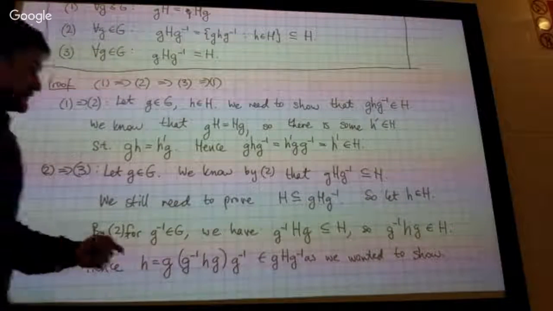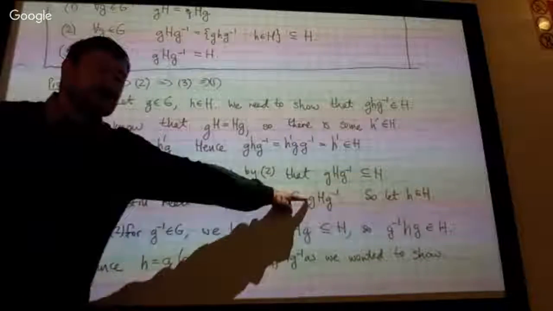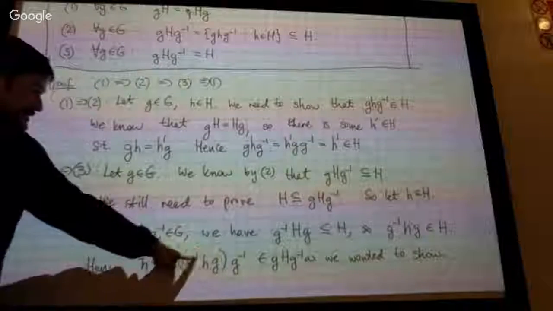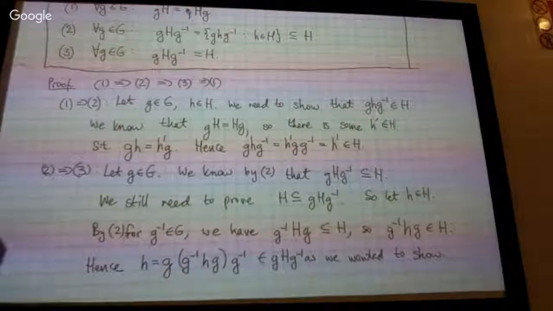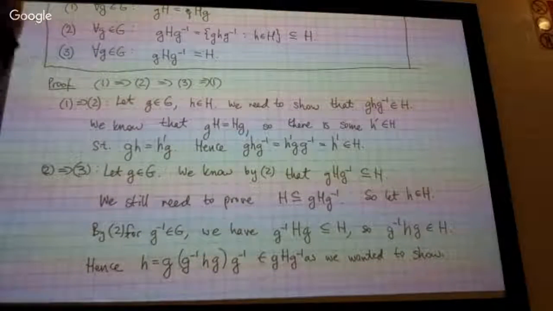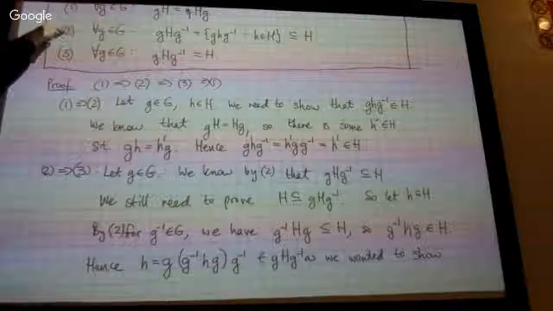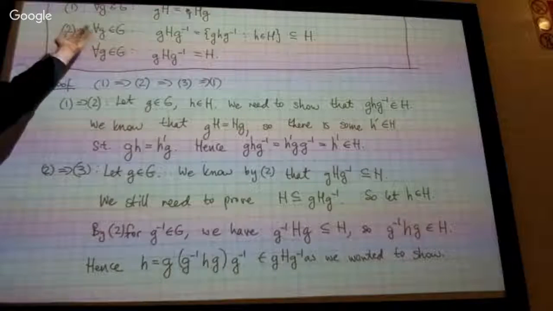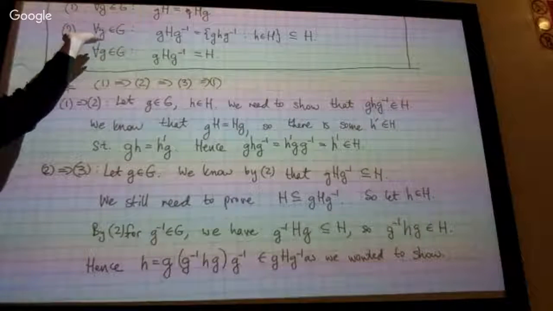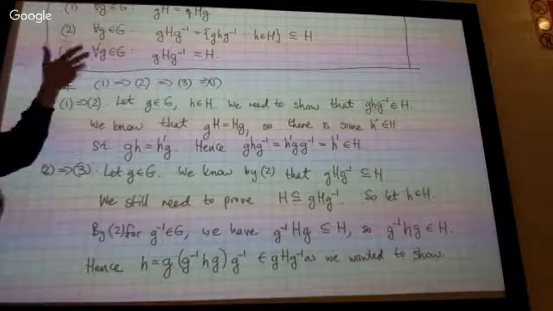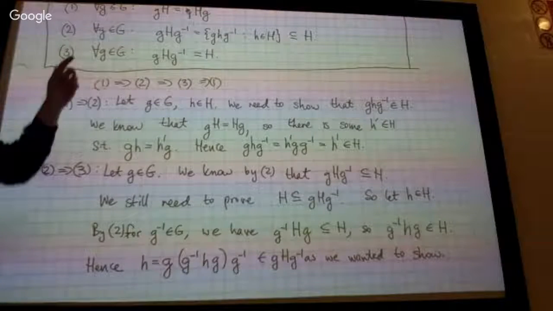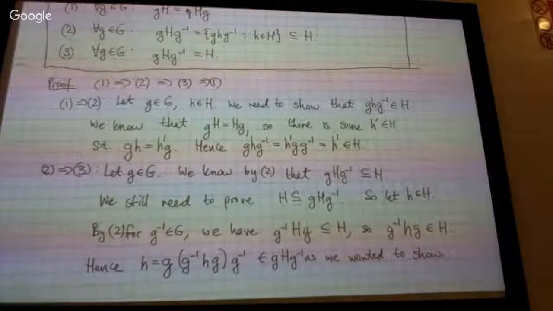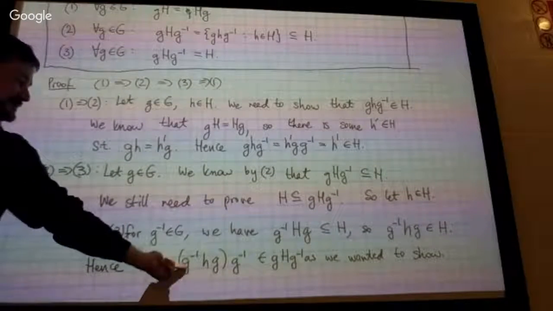We're trying to show that H is in that set. But the only thing we need is that this actually is in H. And to show that this is in H, we use that again. But this time we're not applying it to G, but because it holds for any G, it also holds if you put G inverse there and G there. So this is in H, okay?